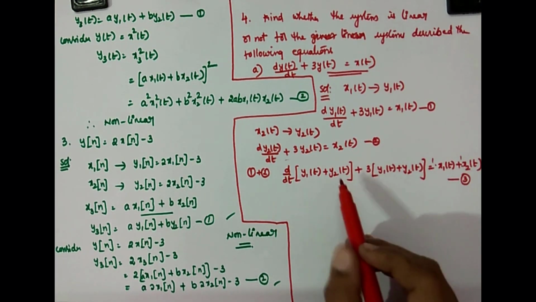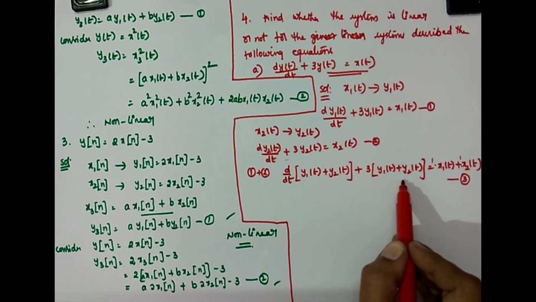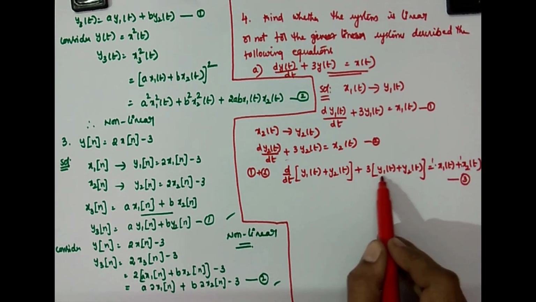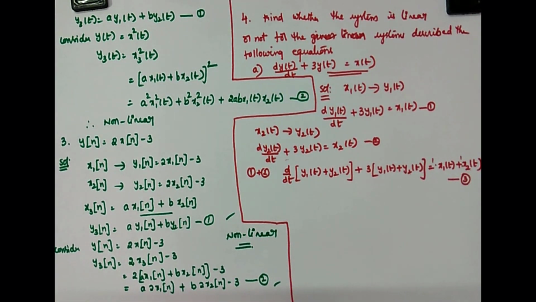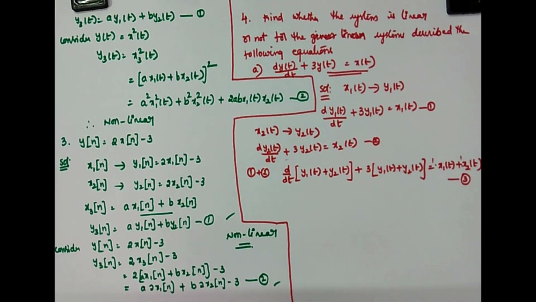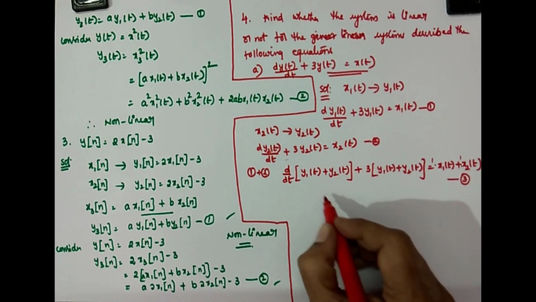Then see this system equation here. Sum of inputs are producing sum of outputs. So that is called superposition actually. Sum of inputs has to produce sum of outputs. So as the three equations are similar, okay, so the system is said to be linear.